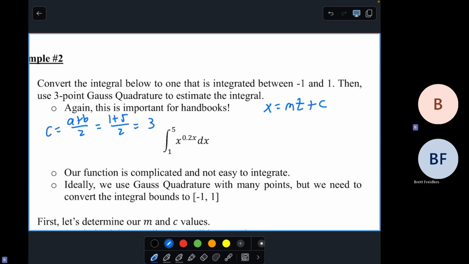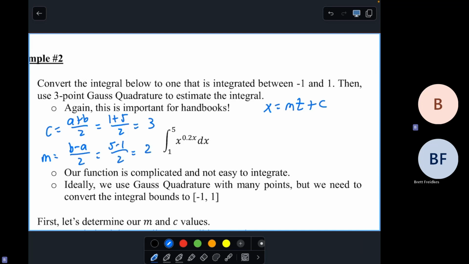Again, if you think about that 6 to 10 graph that I just showed, we looked at the average of those points and then shifted it over by that amount. That's what gave us 8. While m was taking the width, which is b minus a, and then ultimately, because we want that width to be 2, we would end up getting m as being b minus a over 2, which is 5 minus 1 over 2.